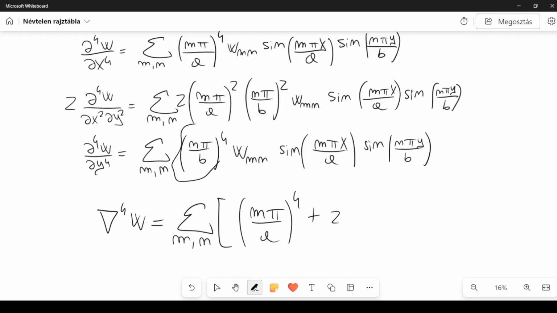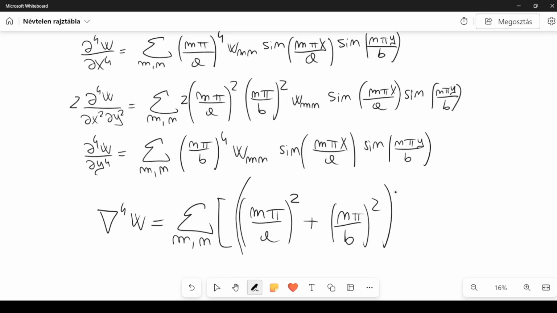And then we also have to sum over this. Instead of writing all of this, we can square this, and we can add n pi over b squared, and then we square this, and this is exactly equal to this plus this plus this. So it's another way of writing the same thing.